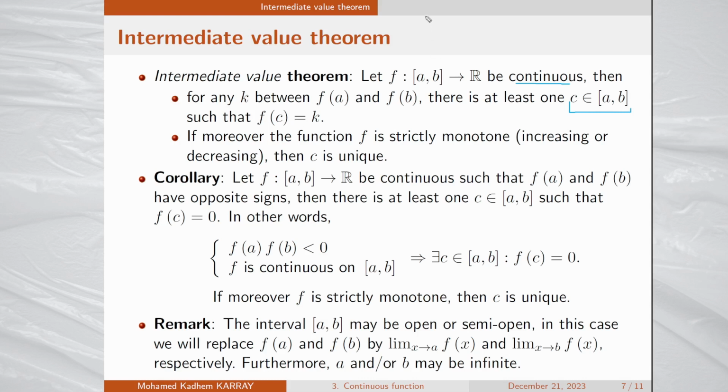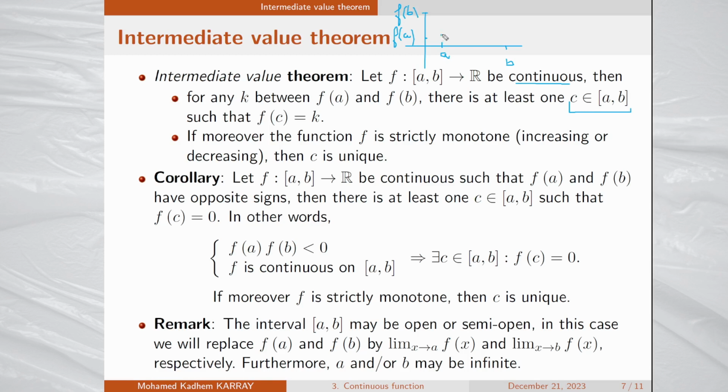Here is a figure to illustrate this idea. Consider that, for example, f of a is here. This is a, this is b, and this is the value of the function f at point a, and this is the value of the function f at point b.